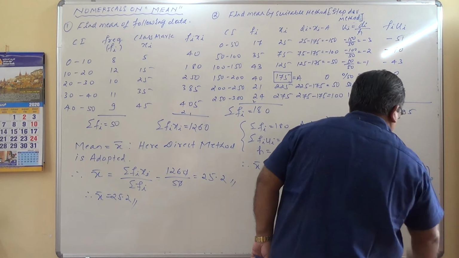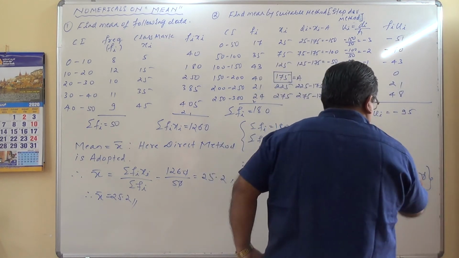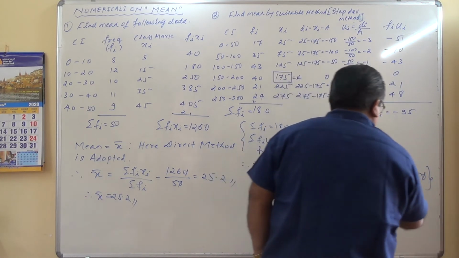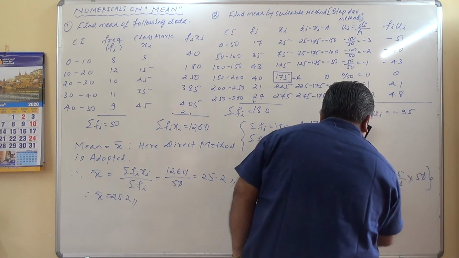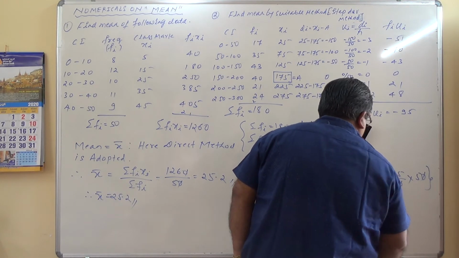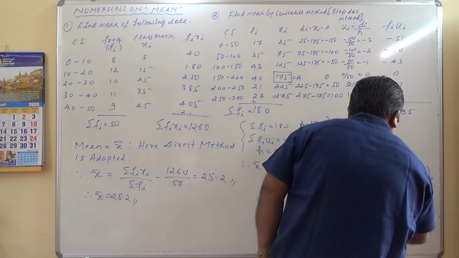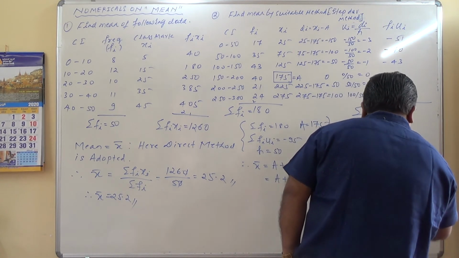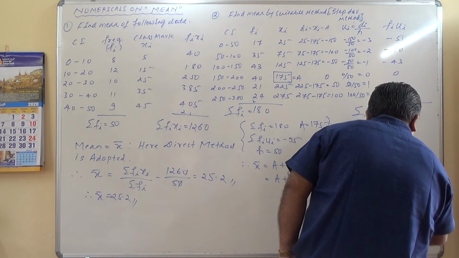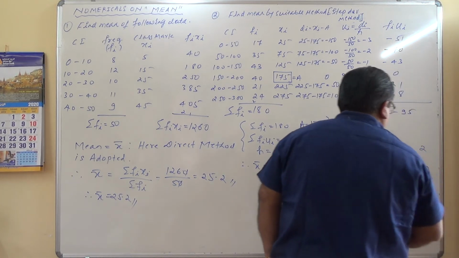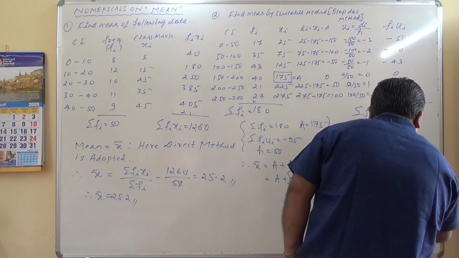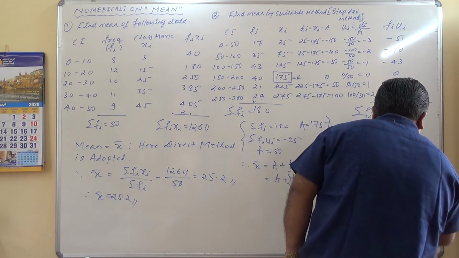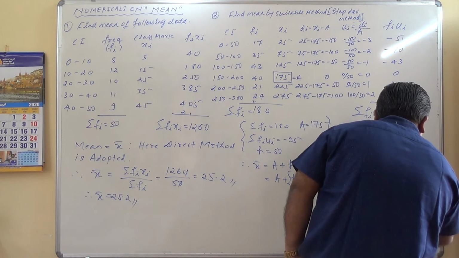The 10s cancel here, so we can calculate this as 175 plus, minus 25 times 42 divided by 18.